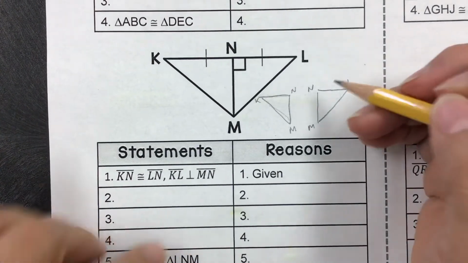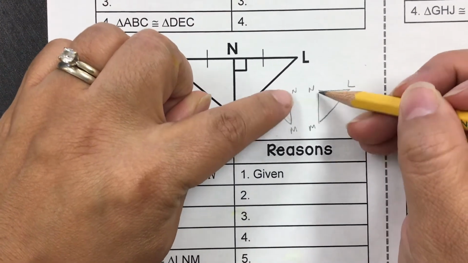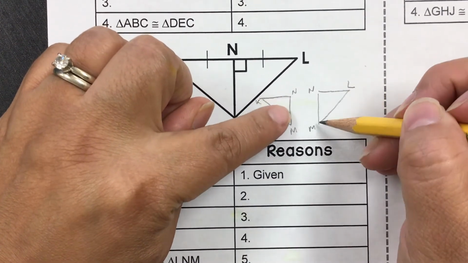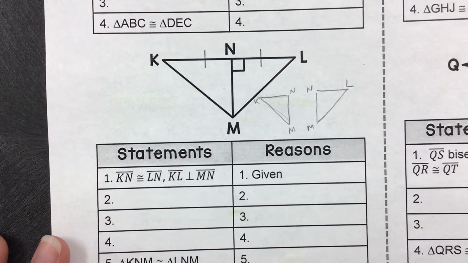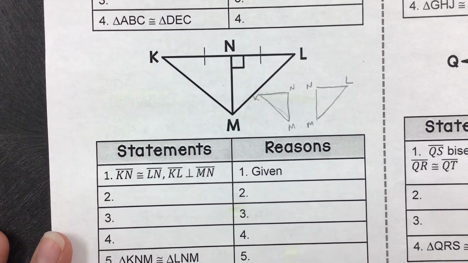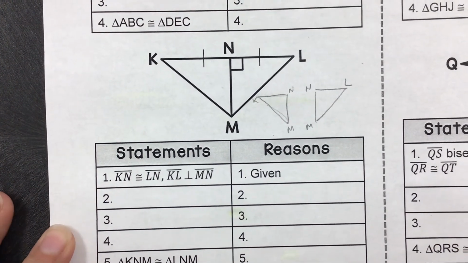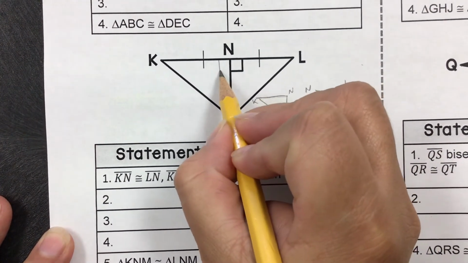One thing that is very important is that the side NM is shared by both triangles. You also need to remember what the reflexive property is. The other thing I would like you to remember is that when things are perpendicular, the angles are 90.